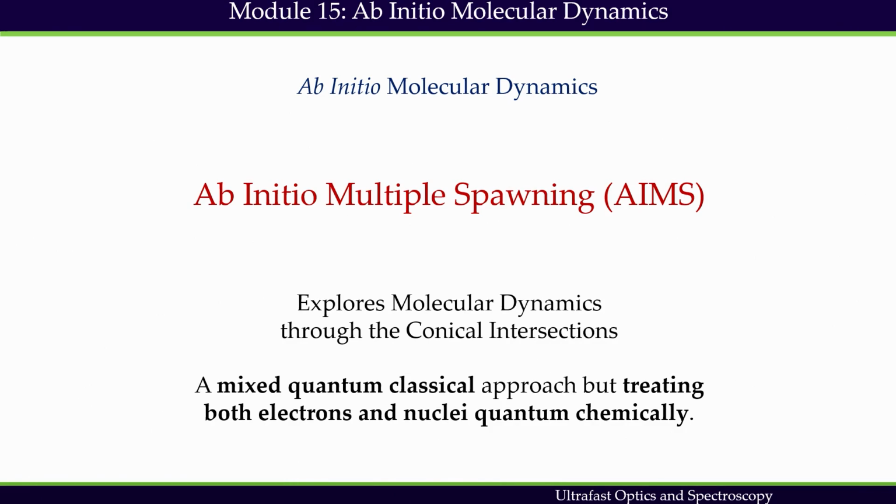In particular, we will go over ab initio multiple spawning, which explores molecular dynamics through the conical intersections. The ab initio multiple spawning method is a mixed quantum classical approach but treats both electrons and nuclei quantum mechanically. We will discuss this method keeping photophysics and photochemistry in mind.